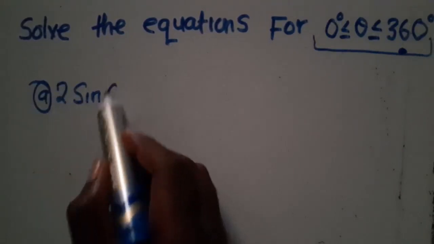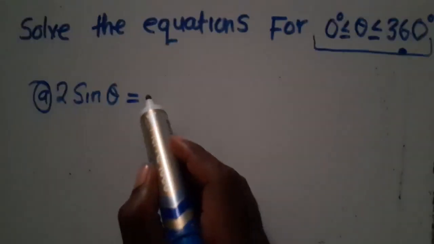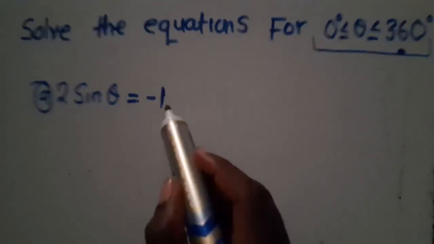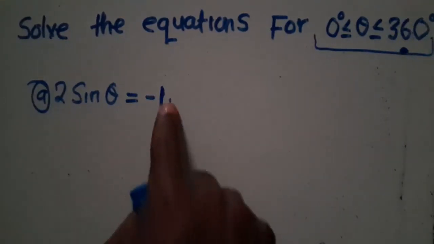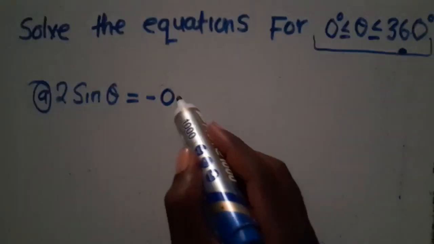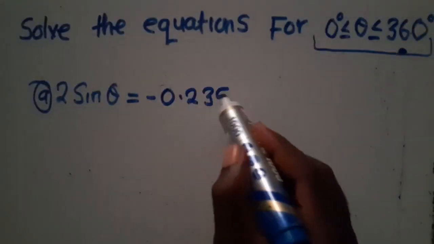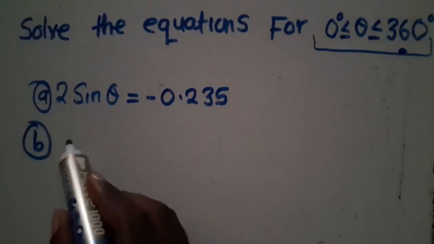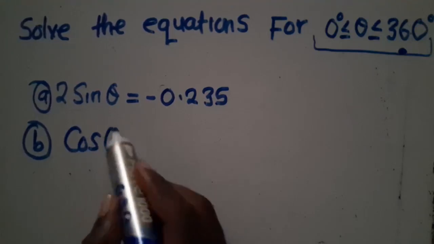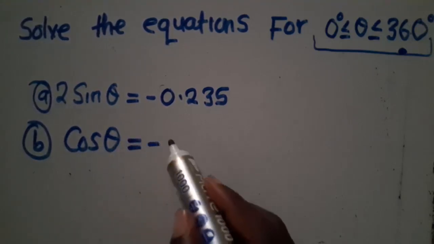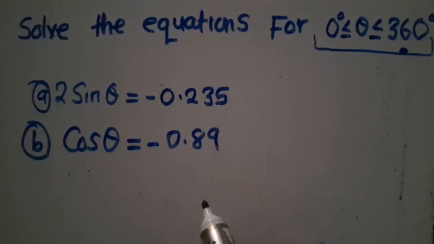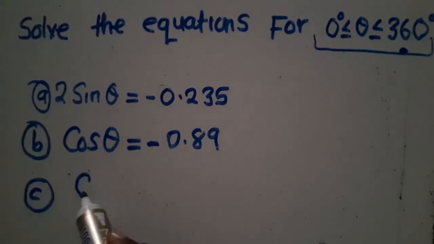Two sine theta is equal to negative 0.235. Second answer, I want you to find the last one.